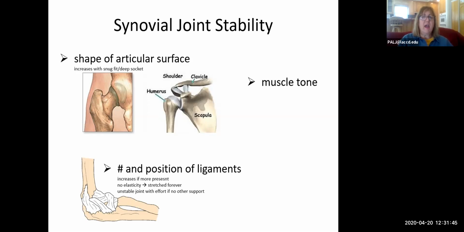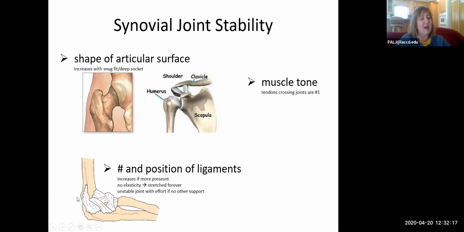And the third and super important part that has to do with stability is muscle tone. The tendons crossing the joint, this is primo, and this is the part where physical therapy comes into play and where people don't want to do it. For instance, for knee stability, if you want to have a more stable knee, you need to work on your quadriceps and hamstring muscles because their tendons are crossing the joint.